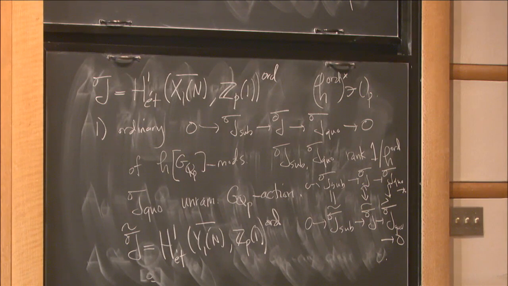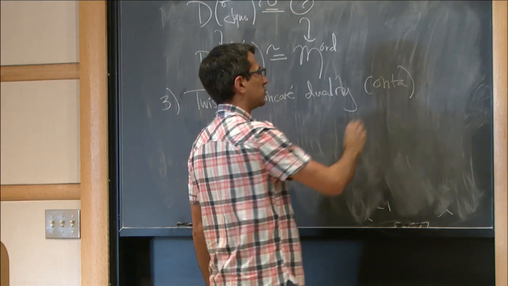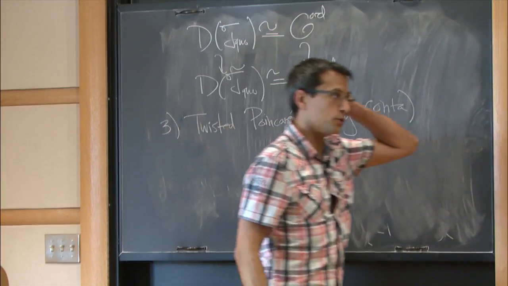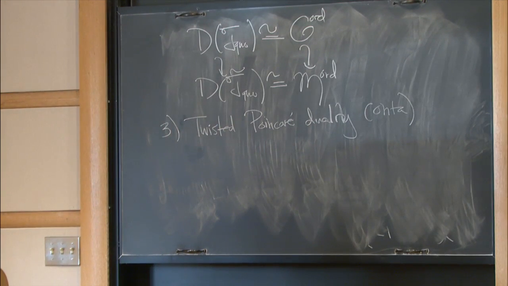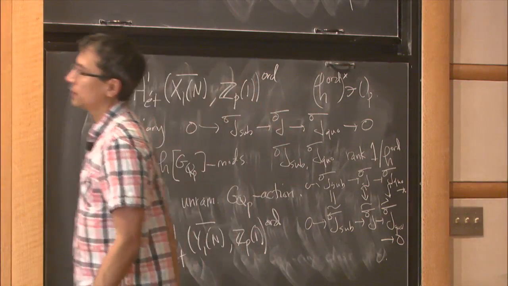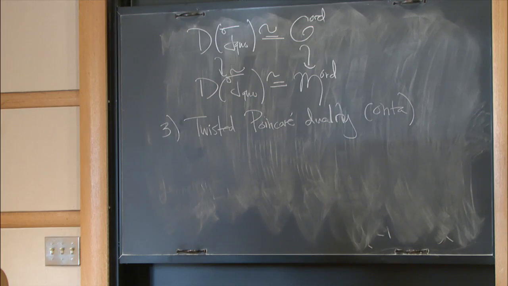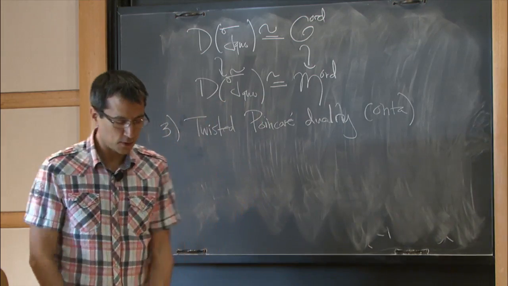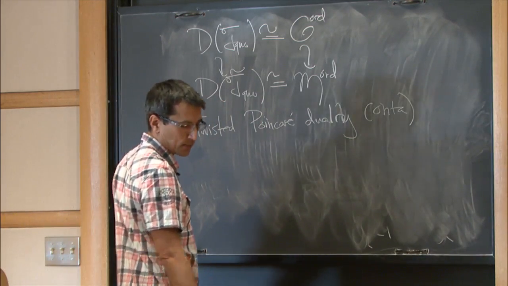The third is a sort of twisted form of Poincaré or Weil duality. Again, in the modular case, this is also Ohta in a sense. This is done up the towers, which is part of the reason for taking the twist.